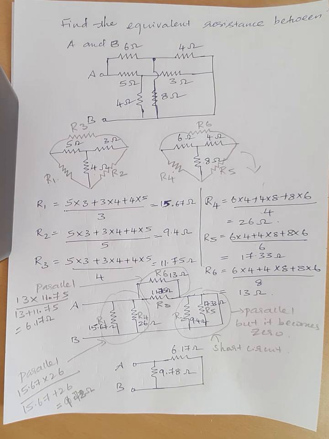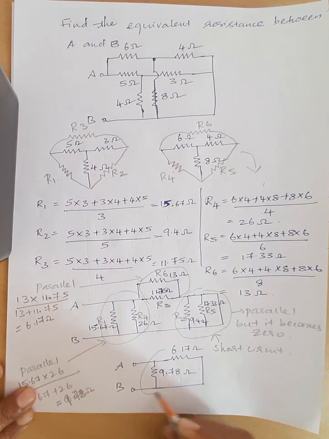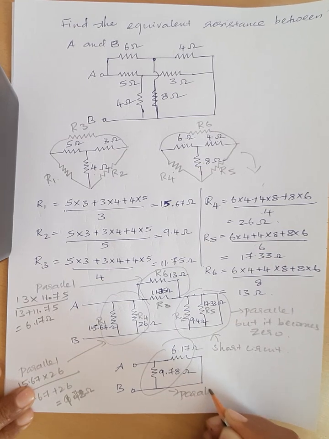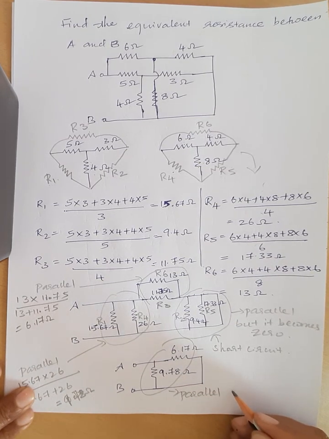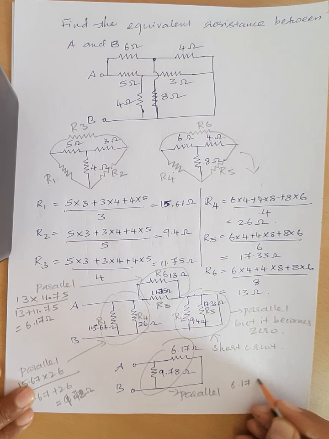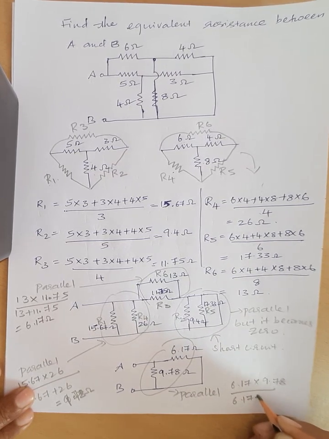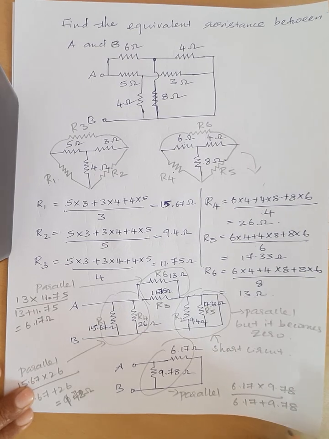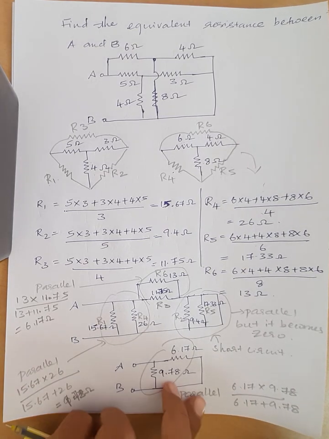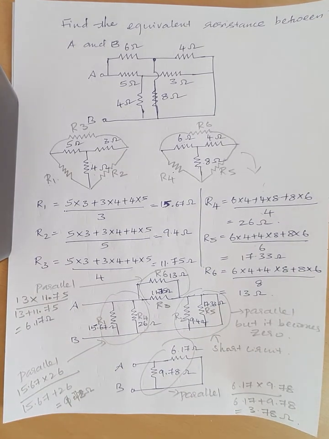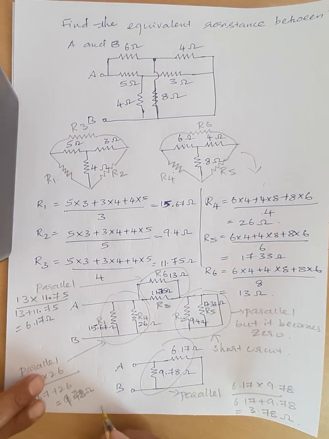Now if you observe, again these two will become parallel. Reduce that: 6.17 into 9.78 divided by 6.17 plus 9.78. You will get 3.78 ohms.